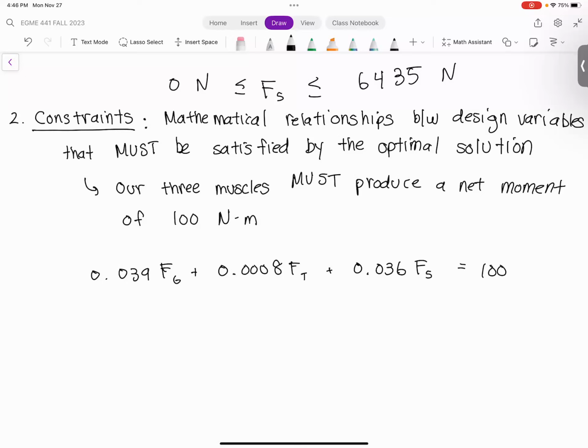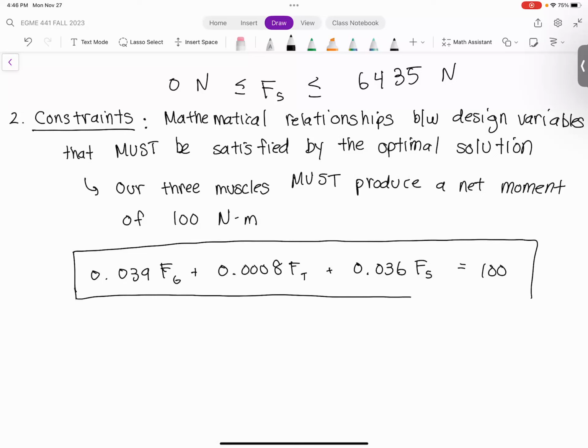This has to equal 100, right? So whatever combination of FG, FT, and FS that we obtain from our optimization algorithm, it has to satisfy this equation right here, okay?